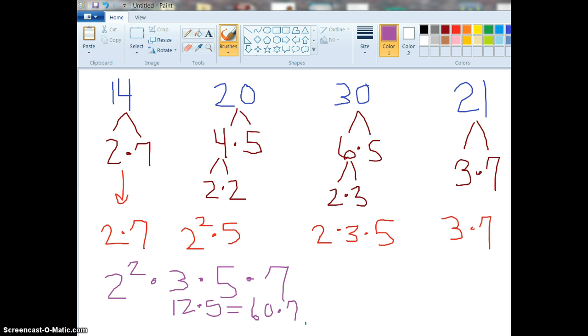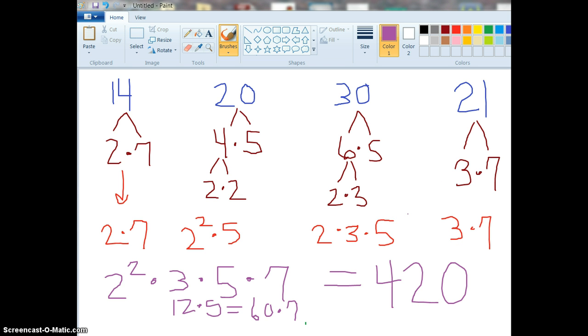And then last, 60 times 7 will give us 420 for our least common multiple. So again, it's probably a good idea to use prime factorization if you have 3, 4, or more numbers that you have to find the least common multiple for.